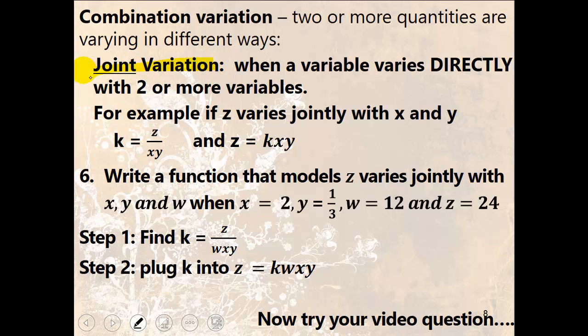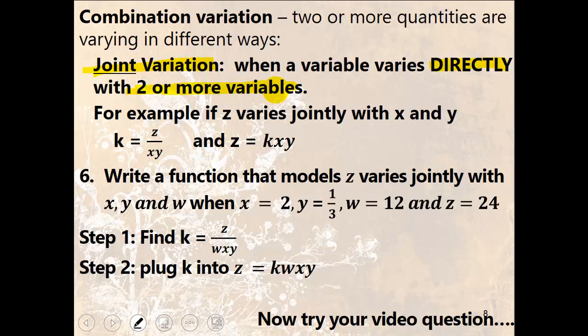With joint variation, you have one variable, say z, that varies directly with two or more variables. So it would say something like z varies directly with x, y, and w, or z varies directly with x and y. That means it's not just varying directly with one other variable, but with 2 or more other variables.